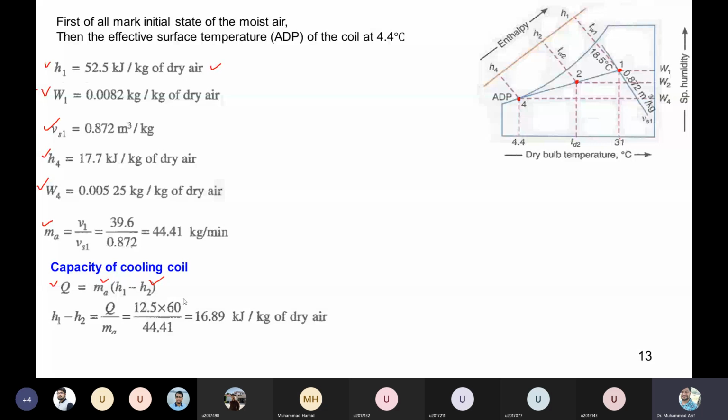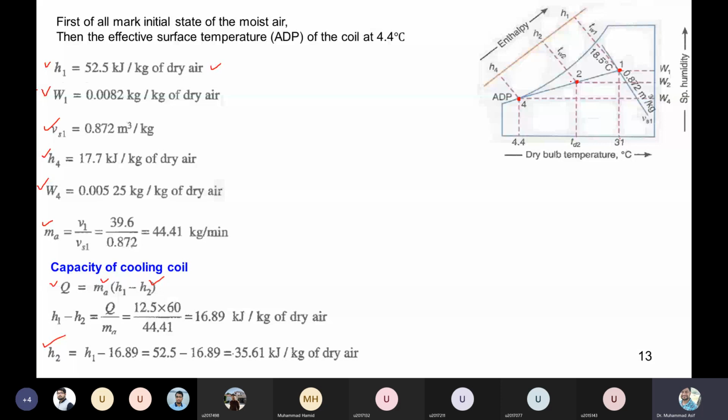Then you simplify, and you get H1 minus H2 in kilojoule per kg of dry air. H1 is already known to you, so you can calculate H2. H2 will be equal to 35.61 kilojoule per kg of dry air. Once you figure that out, on the line between 1 and 4, you can locate point 2.